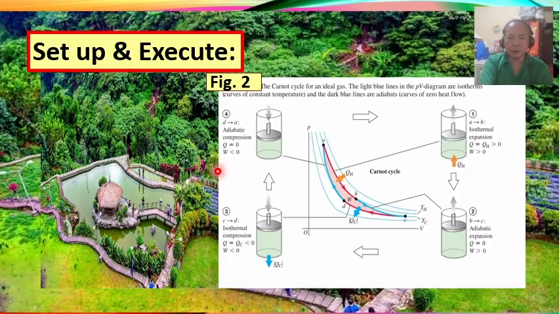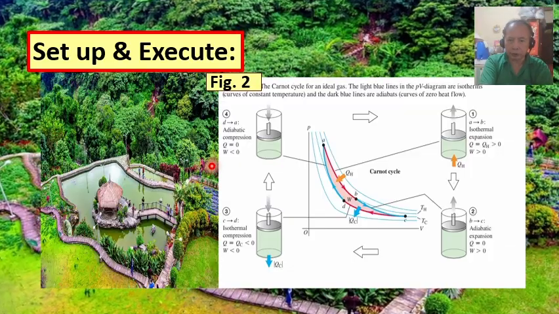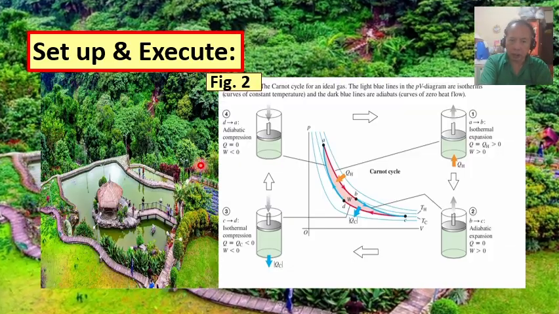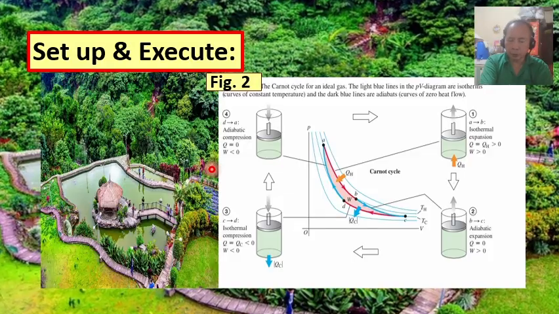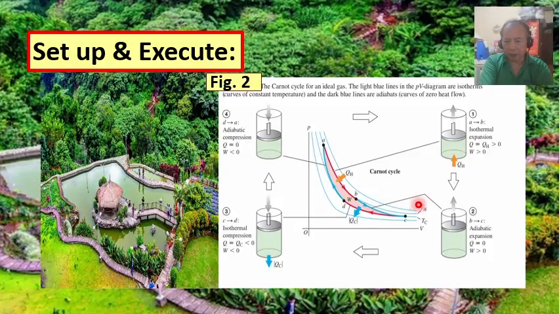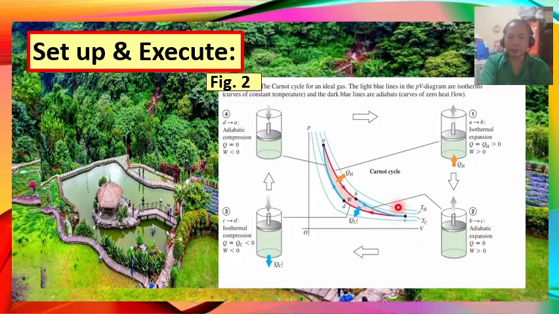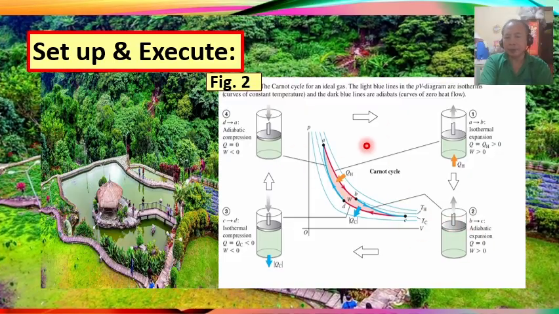In answering the question in part B, what is the work done, W sub BC? Let's consider the second step in our Carnot cycle.